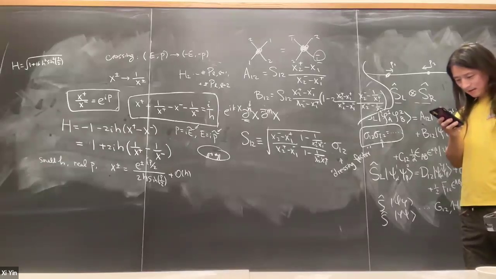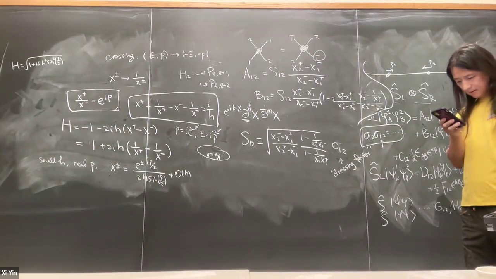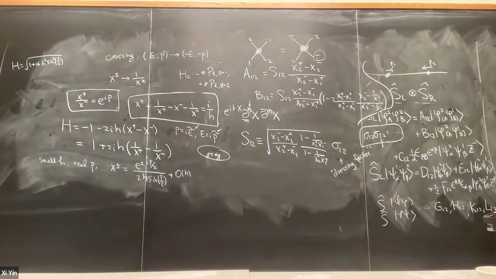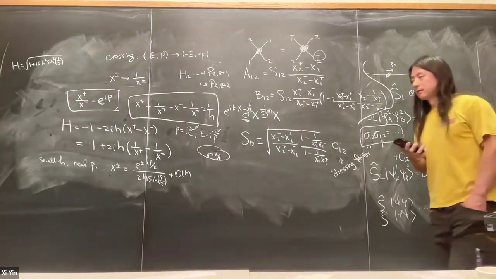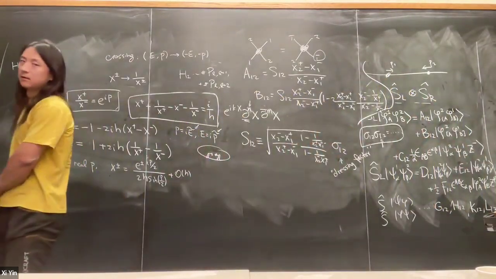Yeah, it seems like a nice review. Of course, it sort of ends at the crossing. Or you can just go through the foundations of the AdS5 superstring very fast.